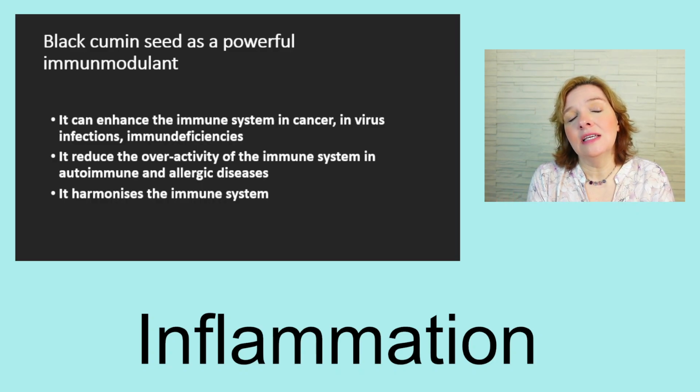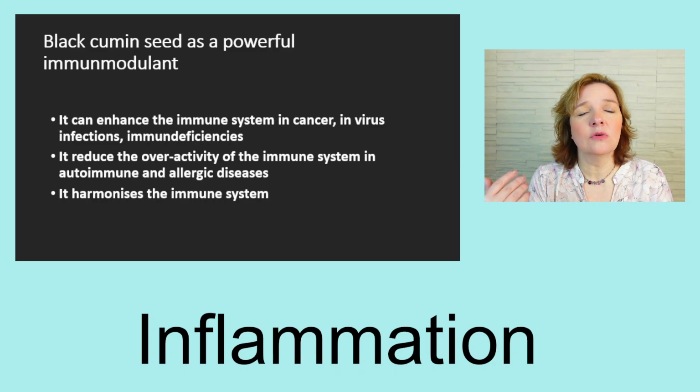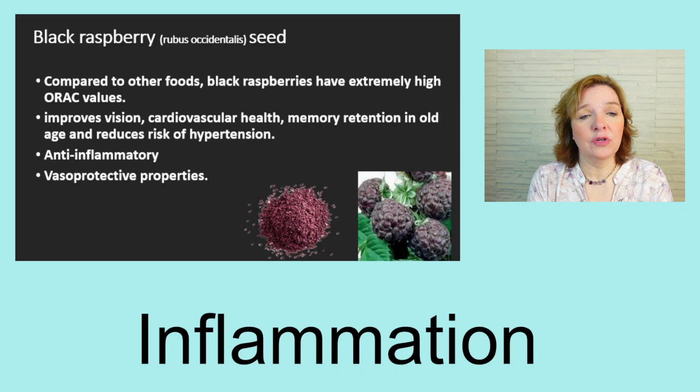And if the immune system is overacting, like in autoimmune disease or allergic disease, it will reduce this overactivity. So we can say the black cumin seed basically harmonizes the work of the immune system.